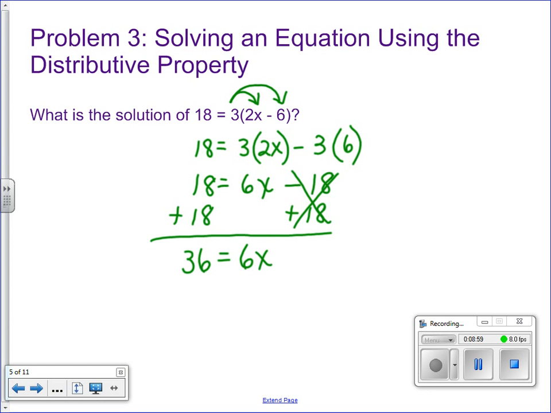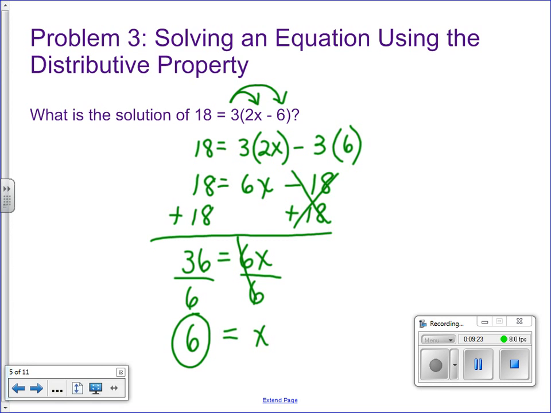Now, I have a multiplication problem, 6 times x. I'm going to undo multiplication of 6 by dividing by 6. 6 divided by 6 is 1. 1 times x is x. So I have isolated my x on the right side of the equation this time. 36 divided by 6 is 6.